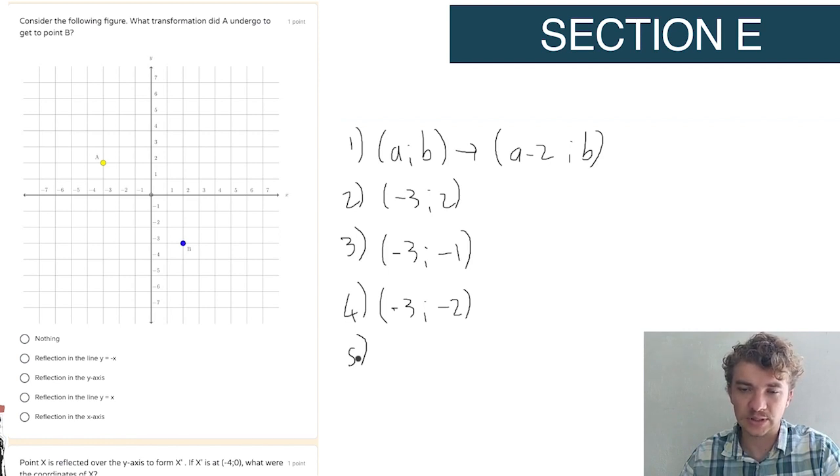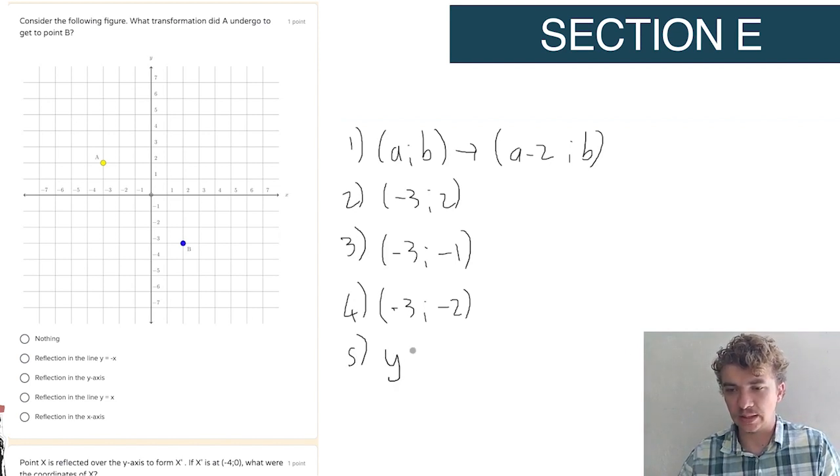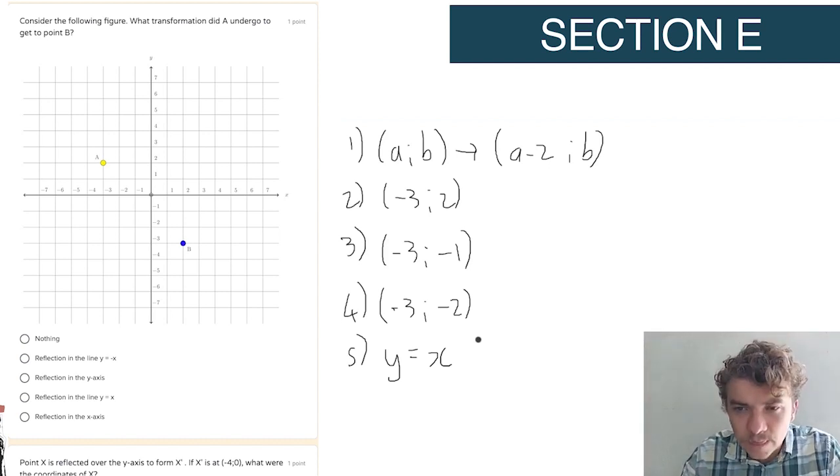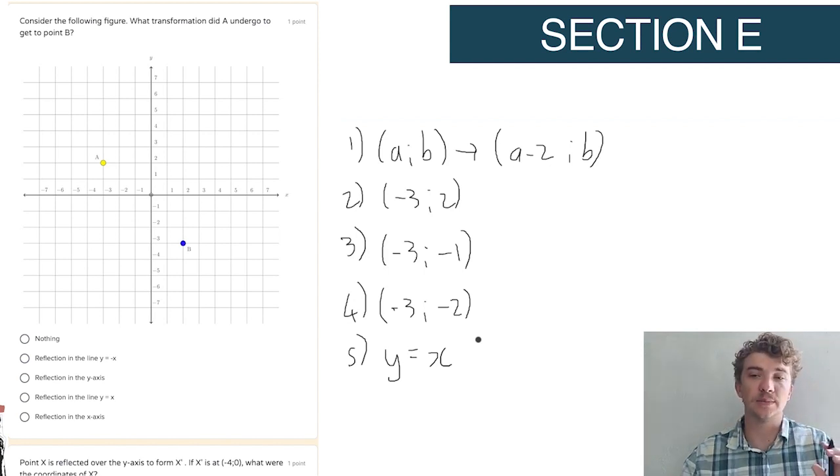So the only option is if we reflect it over the line y is equal to x. That's because you'll see that the algebra also checks out, because the coordinates just switch.